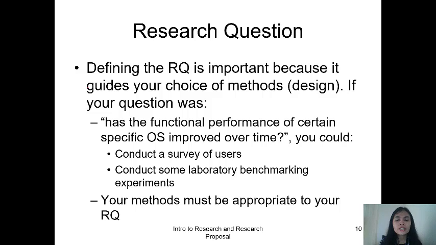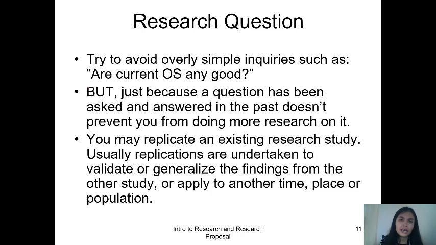Your methods must be appropriate to your research question. And if you want to find a good research question, avoid overly simple inquiries such as, are current OS any good? Because it is too simple for a research question.